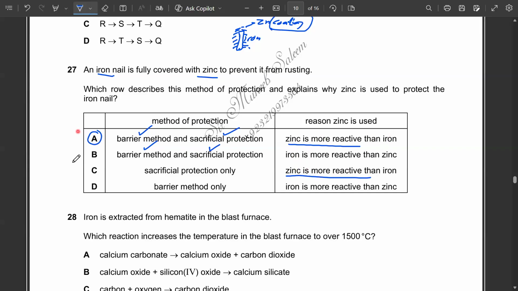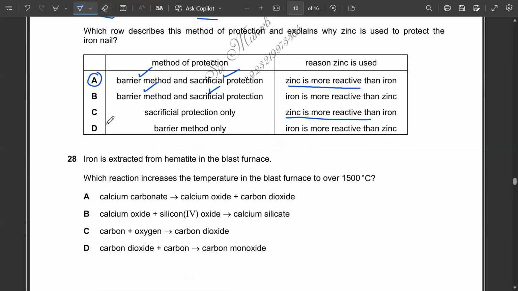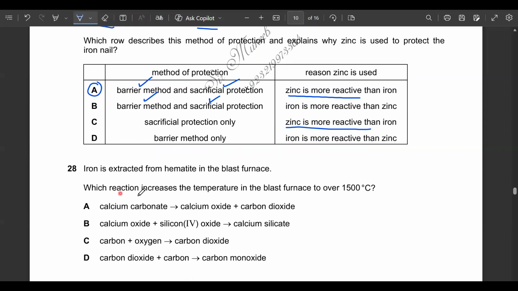Then question number 28. Iron is extracted from the hematite in the blast furnace. Which reaction increases the temperature in the blast furnace to over 1500 degrees centigrade?